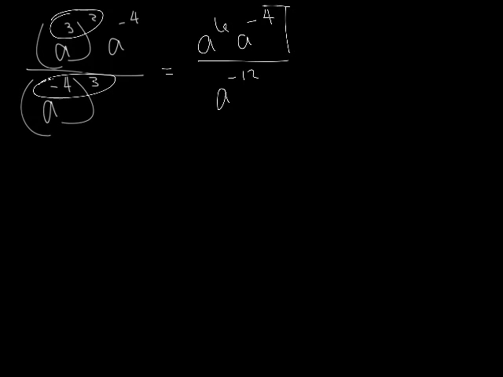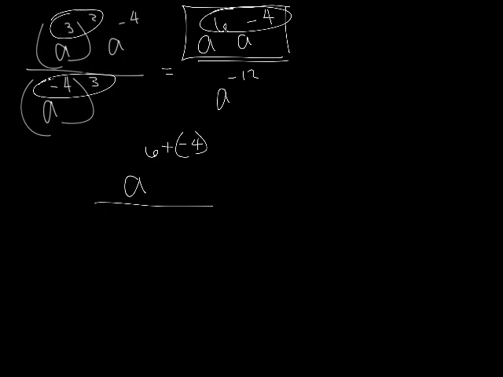Now, in our numerators, our bases are the same, so we're going to add our exponents, a to the 6th plus a to the -4. So we're just adding these two over a to the -12. That gives me a, add those together, squared over a to the -12.